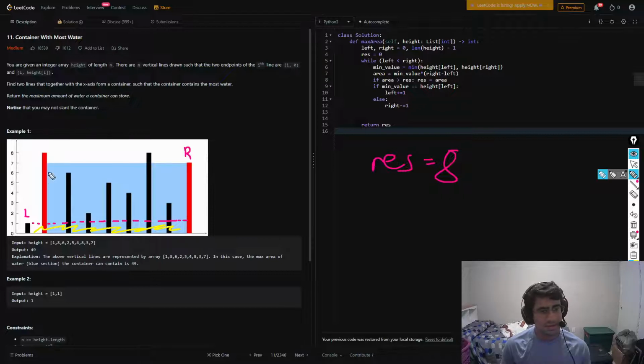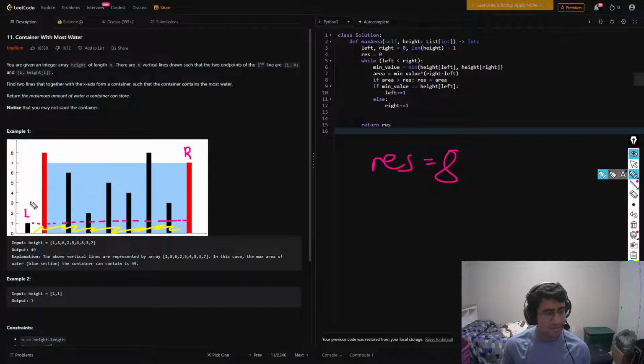So we want this left value to be higher, because right now it's lower than the right, so we don't want that. We need to keep going until the left is equal to the right.